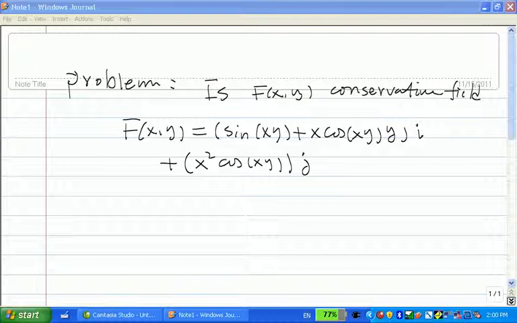There is a fundamental theorem of the line integral. This theorem says something like this.